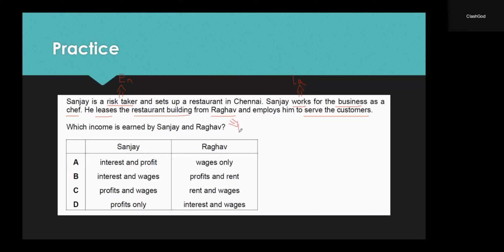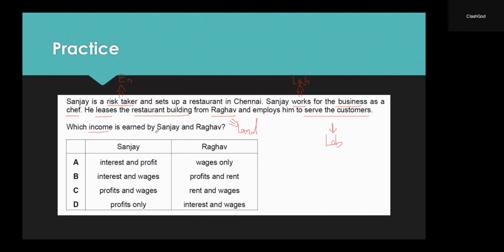And Raghav is also employed to serve the customers, so he's also labor. So he owns the land, but he is also the labor.